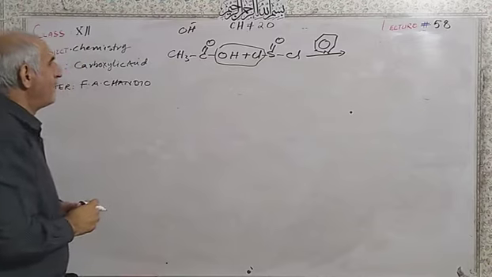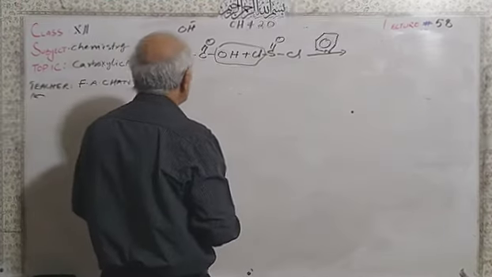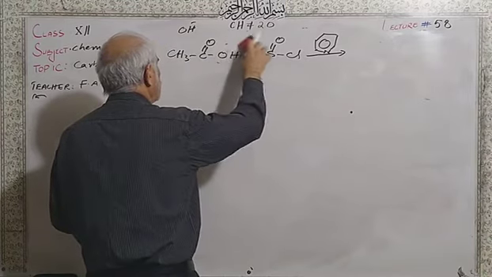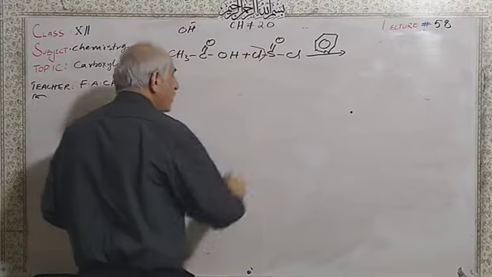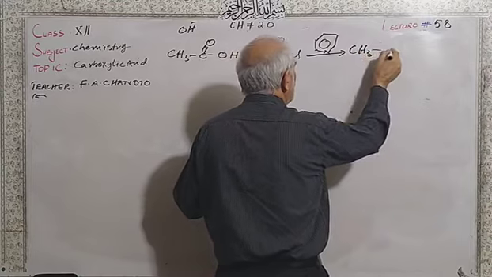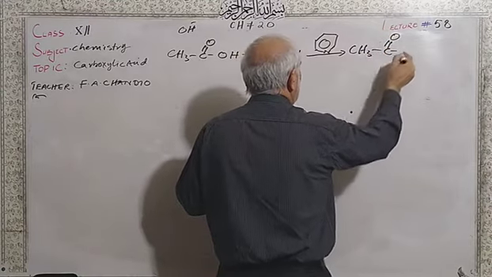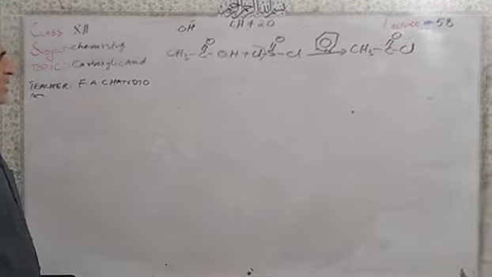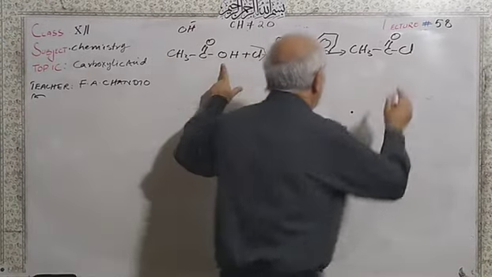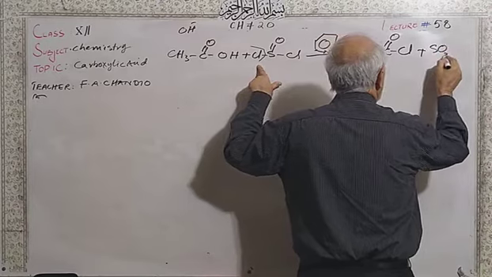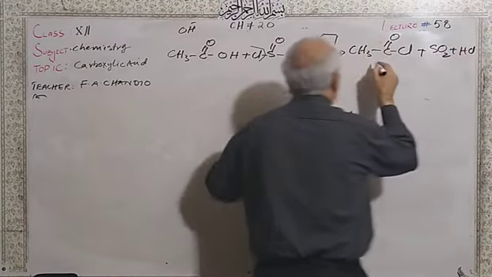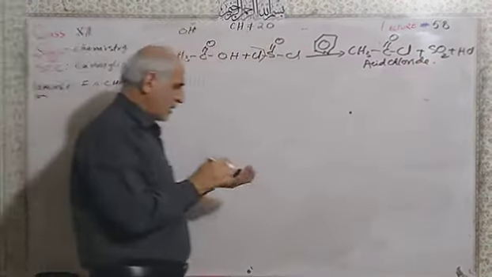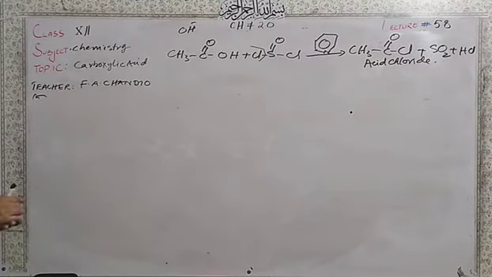Here the whole OH group is removed, and you will get the acid chloride, sulfur dioxide gas and hydrochloric acid.